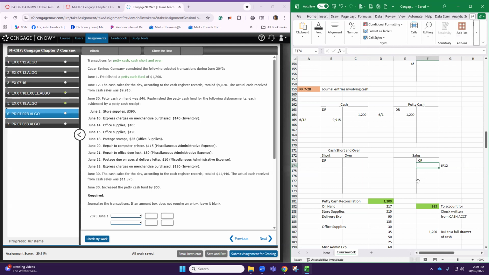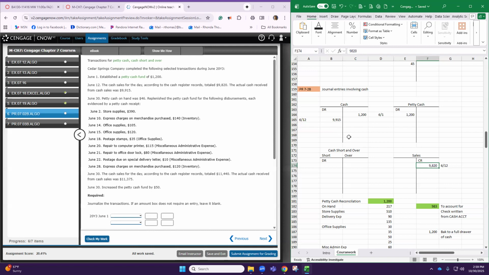Sometimes our amounts are off, which means our drawer is either short or long. Okay, so then the cash register tape says 9820. All right, so the difference between the two numbers, right? So our actual cash has more in it than our sales register receipt. So our drawer is long. Okay, it's long. And how much?